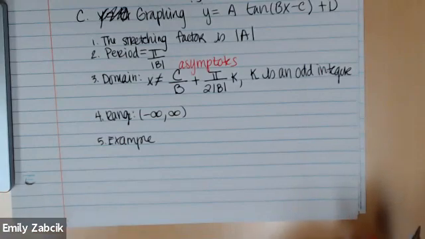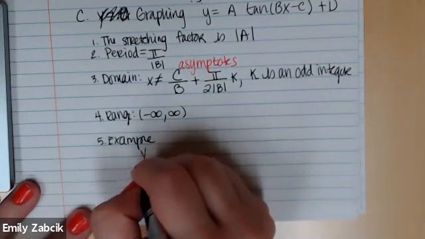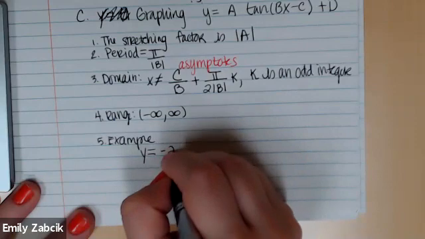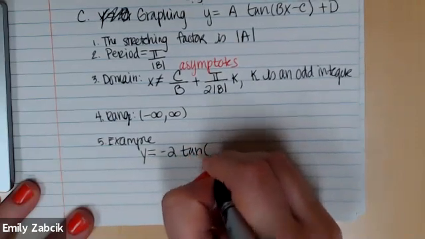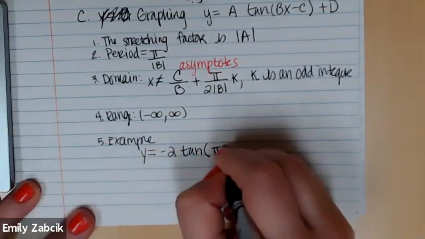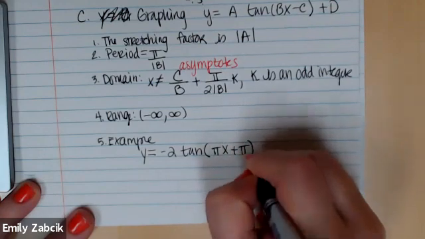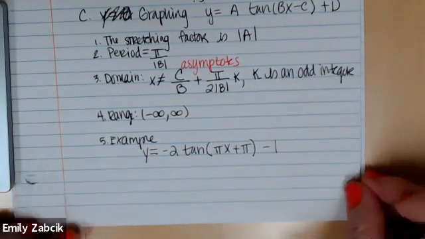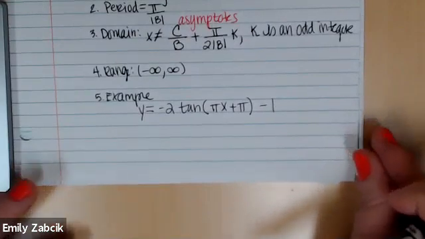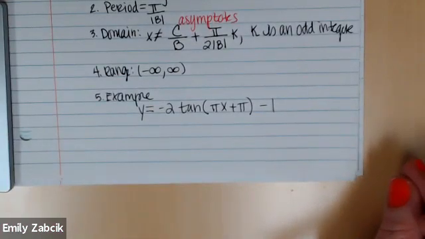And so let's graph one period of the function y equals -2 tangent of pi x plus pi minus 1. It's a little bit more difficulty going on with that equation.